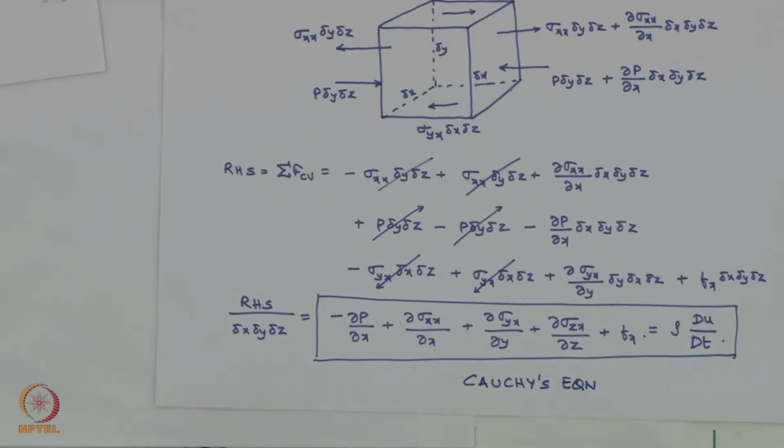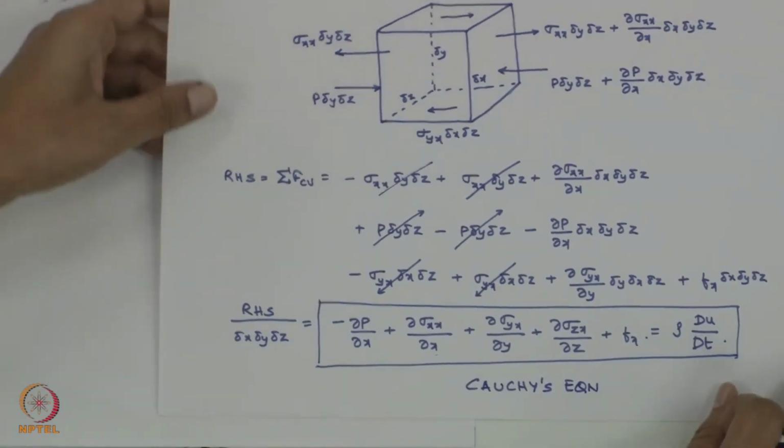Now let us substitute, let's write the equations for sigma xx, yx, zx. I am going to write in this class directly, but in the next modules we are going to derive these equations what I am writing.